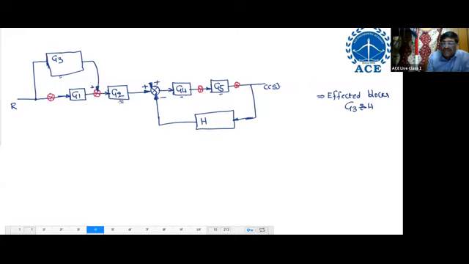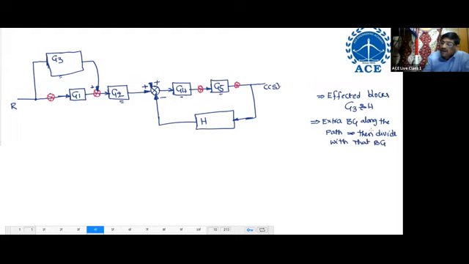That means if any block gain is extra along the path, then it should be divided. Divide with that block gain.